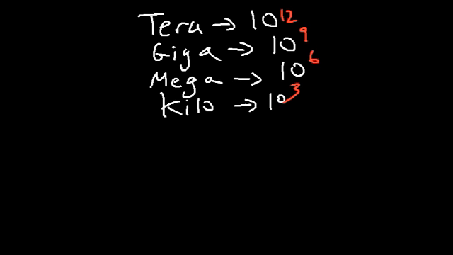Now, below kilo, you have hecto, which is 10 squared, or 100, and deca, which is 10 to the first, or 10.